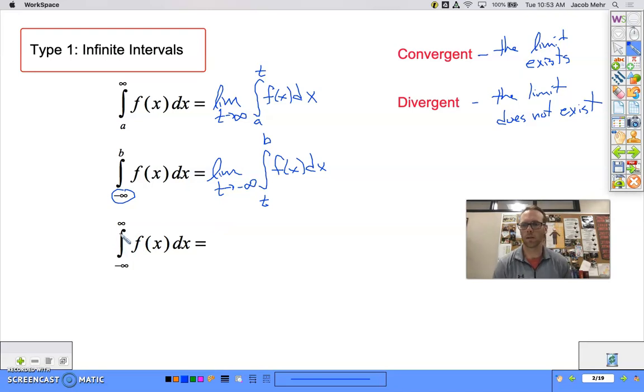All right, last one. What if we want to go to infinity on both sides? We have some function, and we want the area under the function forever on both sides, from negative infinity to infinity. Well, what we need to do here is split this. We know how to do it if we're just going to infinity or just going to negative infinity. So we split this up into two different integrals.